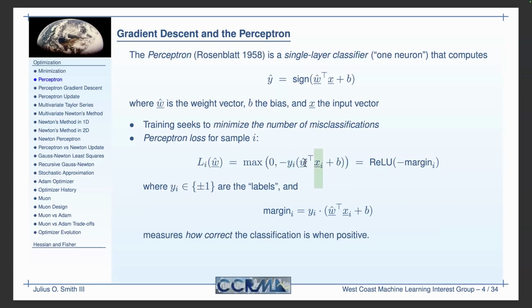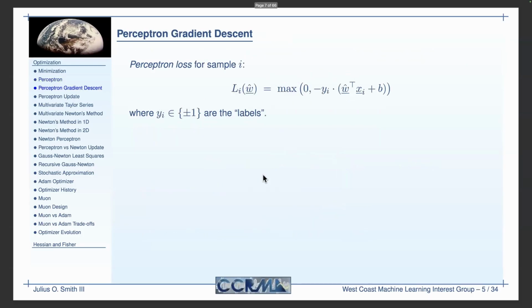X is our input vector, and we differentiate this dot product with respect to w, and we're just going to get x. And the derivative of the bias is going to go to 0. So this is very easy to differentiate, and you can see what it's going to be. It's just going to be minus y sub i x sub i. But if we are on this side, then we get 0. We have a little switch we have to do.